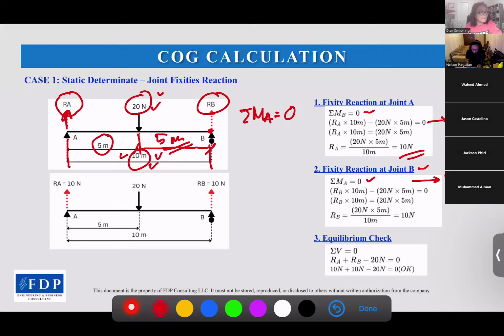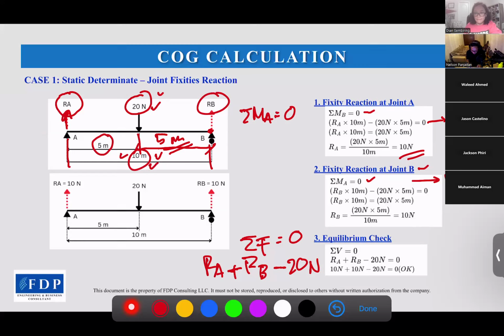And then once we get the reaction at A and reaction at B, we can check the equilibrium. Total forces equals zero. The forces are RA and RB, because they have the same direction, it will be plus, and then minus 20 Newton because it's acting in a different direction.